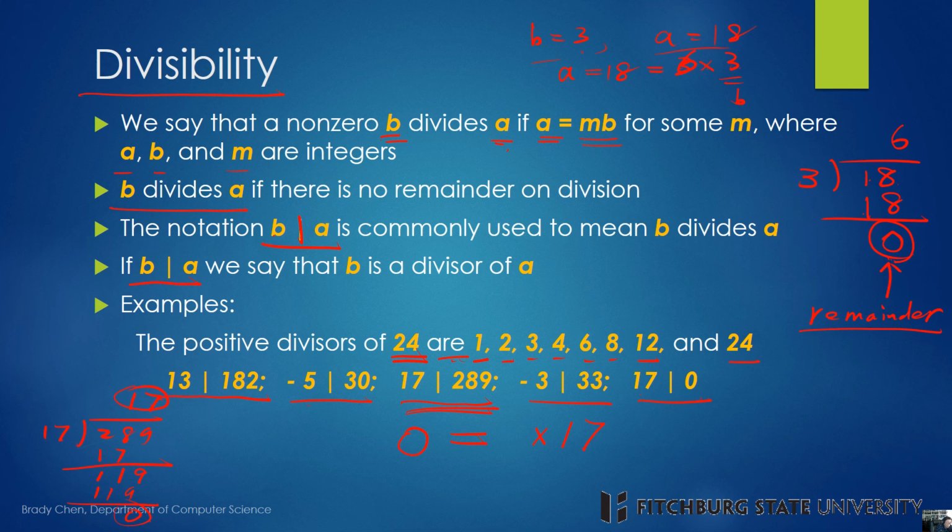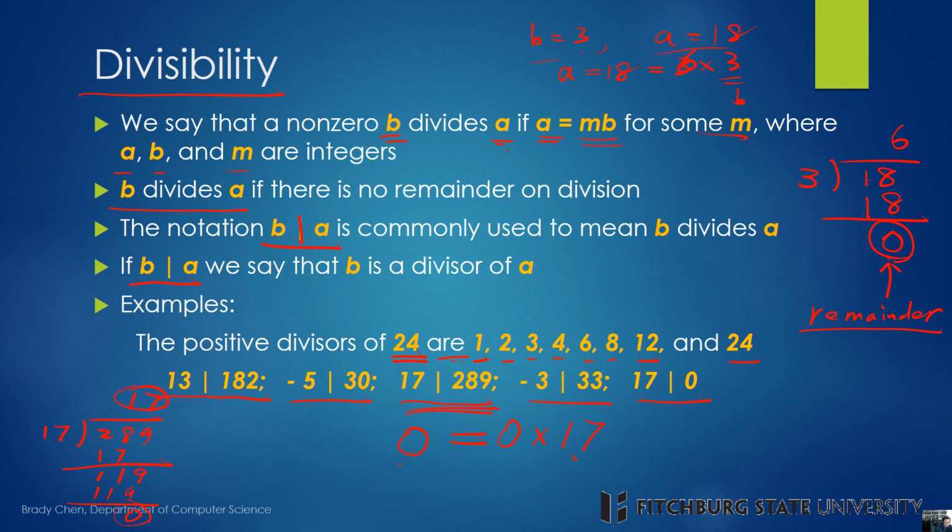This is pretty simple. 0 can be written as 0 times 17. So 17 divides 0. So 0 is very special.